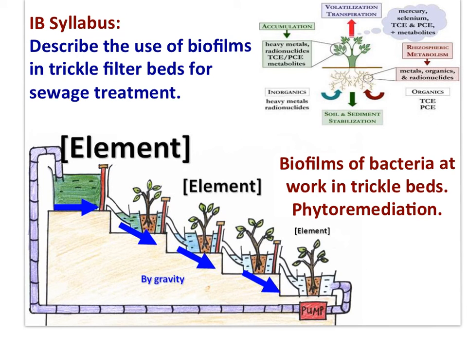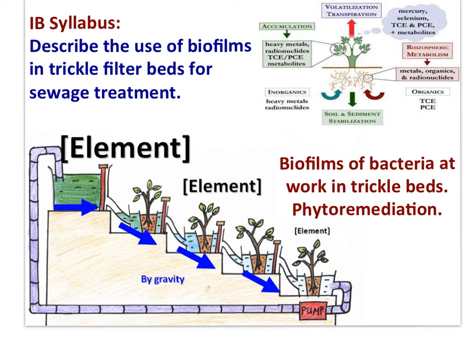Polluted water, whether it be sewage or water contaminated with methylmercury or water contaminated with oil or benzene, can be trickled through a system that has bacteria in residence. The bacteria can form films in the soil or films on the roots of plants. The biofilms of bacteria can be used to clean the polluted water.